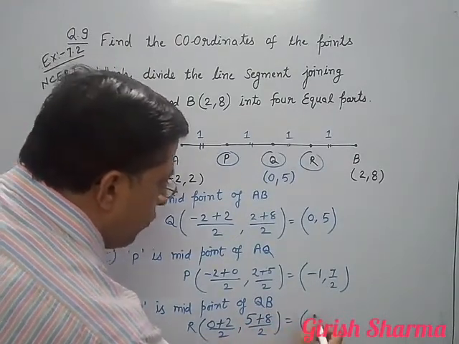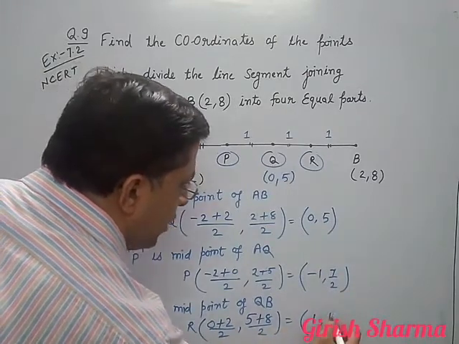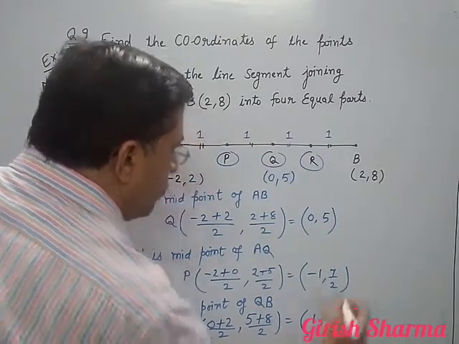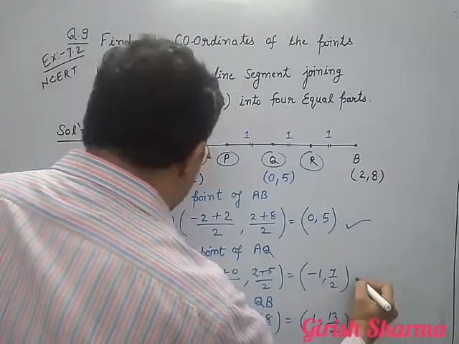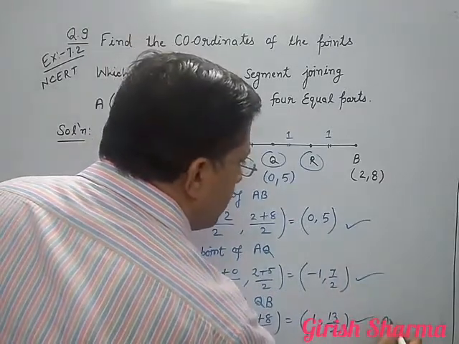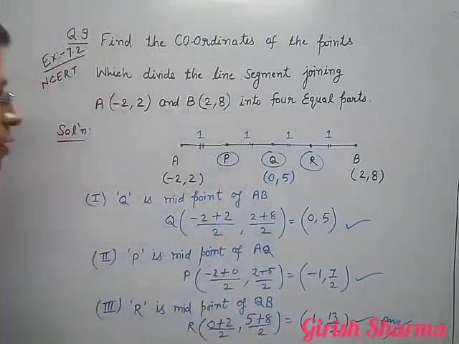So 2 upon 2 is 1. 8 plus 5 is 13, 13 upon 2. So the coordinate of Q is this, P is this, and R is this. This is your answer. Come on, the next question.